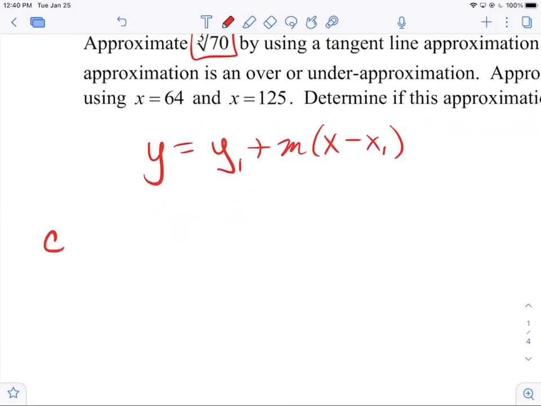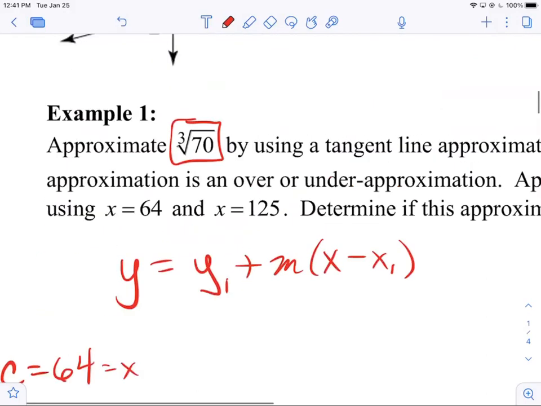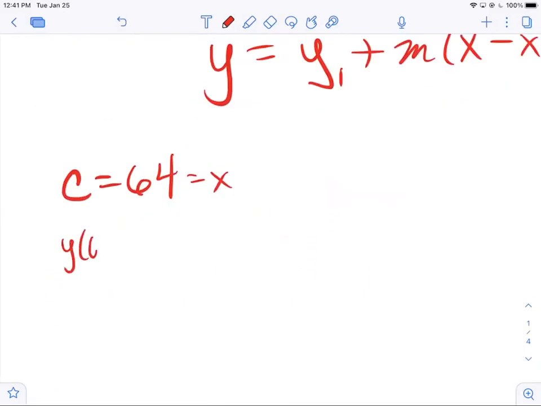So we're going to let our center of approximation be x equals 64 because it's the closest perfect cube to 70. That's essentially our x value. Let's go ahead and find the y value. If I let my function be y equals the cube root of x, then y of 64 is the cube root of 64, which we already found to be 4.